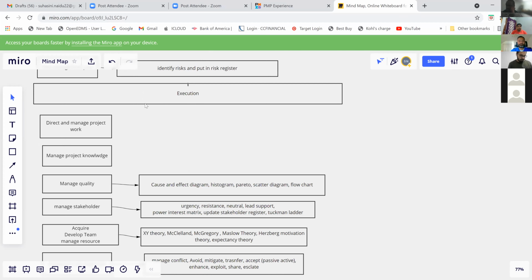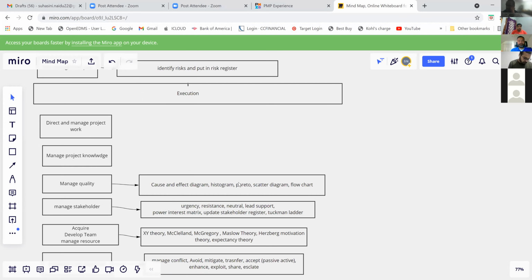Then we'll come to the execution. In execution, we do direct and manage project work, manage project knowledge, and manage quality. So we'll make the cause and effect diagram, and use tools like histogram, Pareto chart, scatter diagram, flow chart.